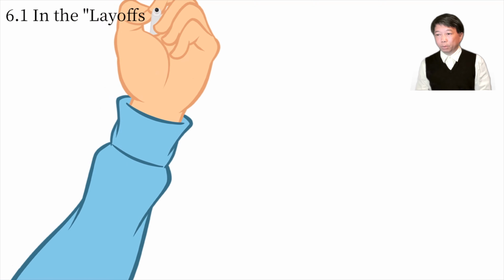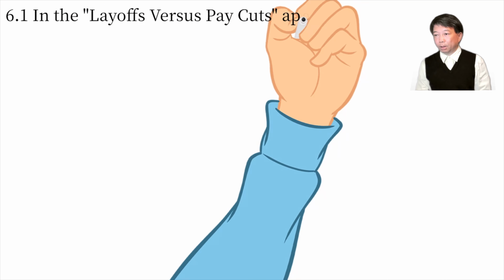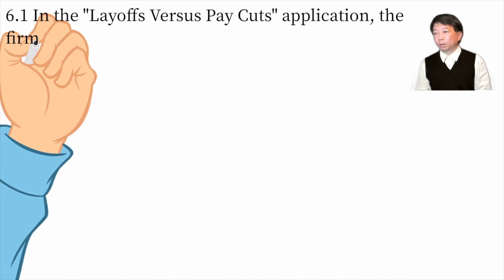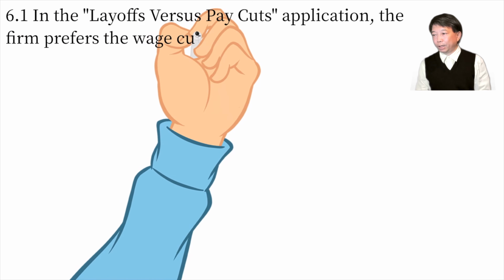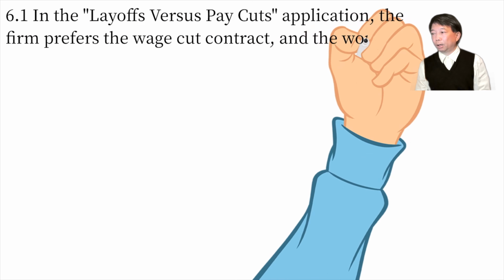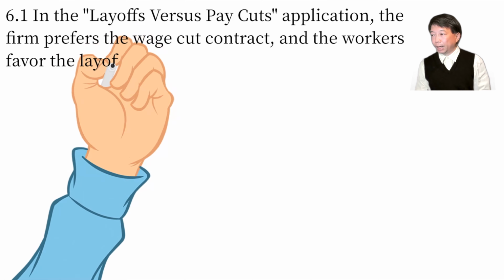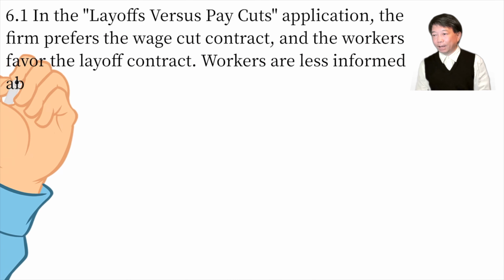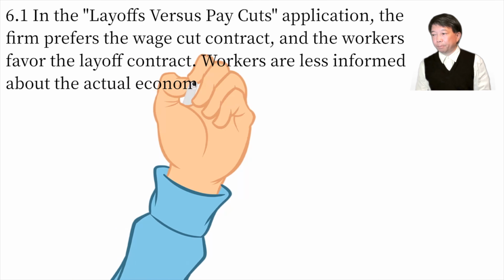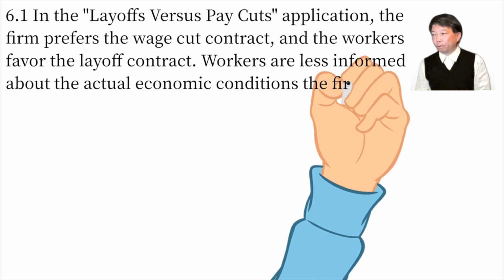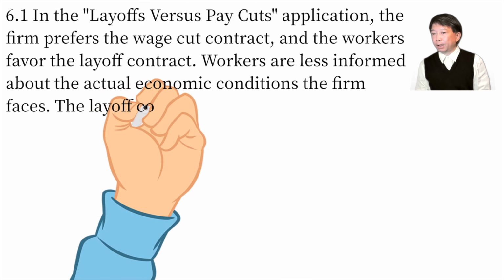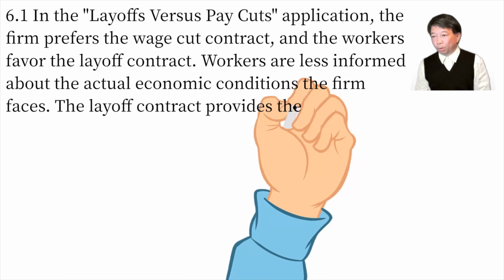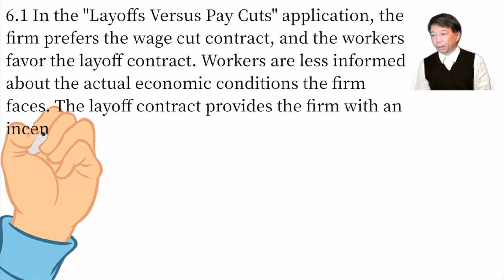In the layoffs versus pay cuts application, the firm prefers the wage cut contract and the workers favor the layoff contract. Workers are less informed about the actual economic conditions the firm faces. The layoff contract provides the firm with an incentive to report the true economic conditions.